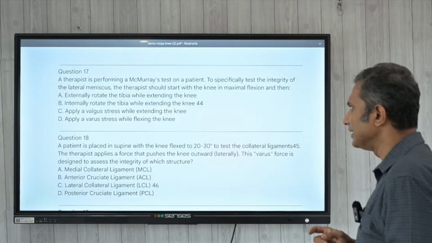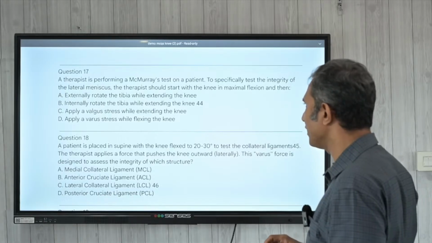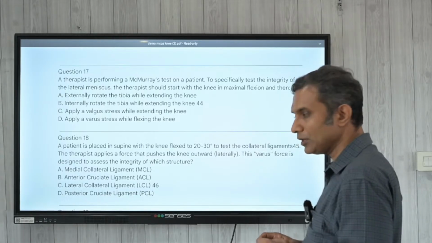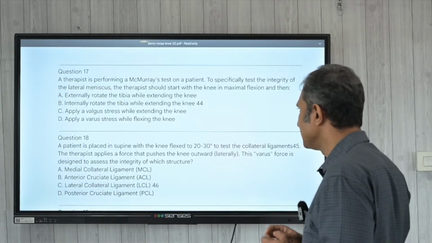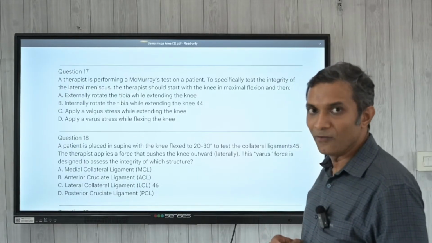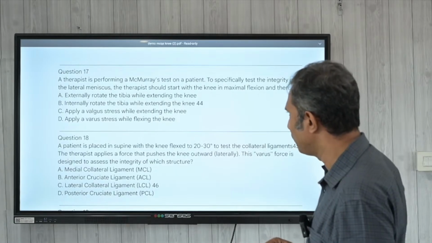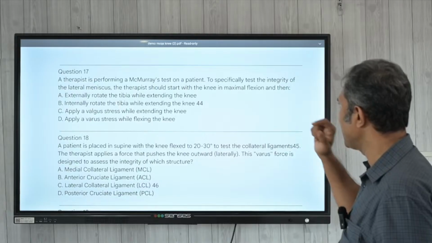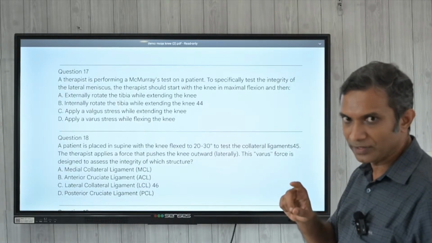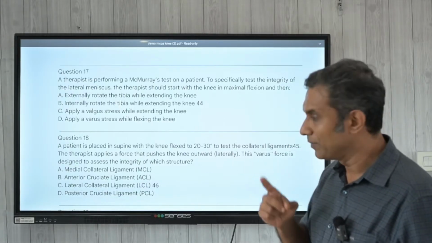Option B, internally rotate the tibia while extending the knee. Option C, apply valgus stress while extending the knee. Option D, apply a varus stress while flexing the knee. The guiding point here is, it is McMurray's test and we want to check for the integrity of lateral meniscus.